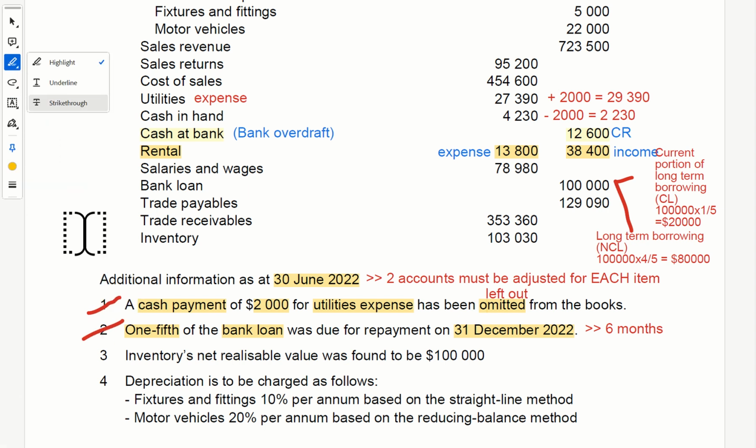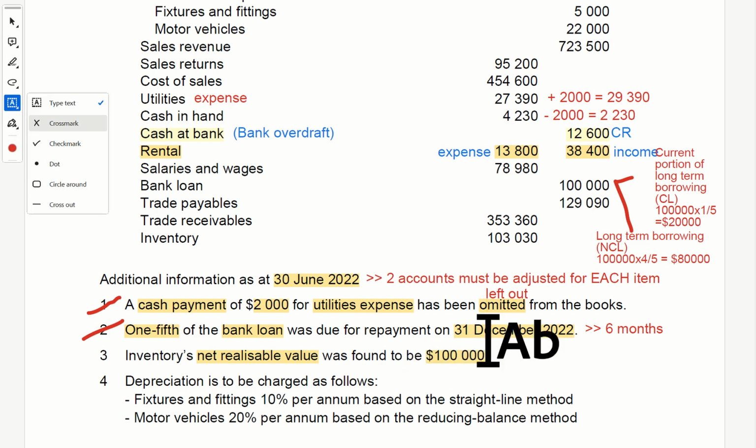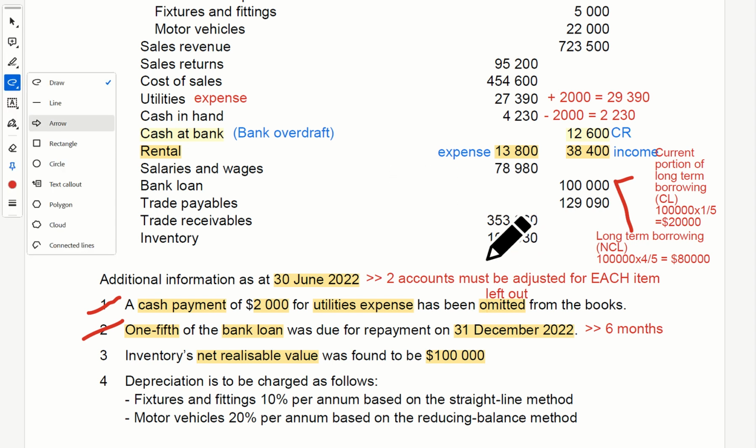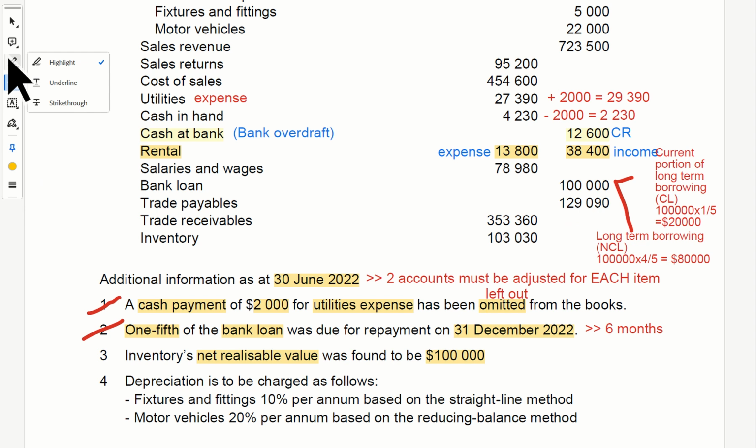And I'm now going to do the third one. The third one tells me inventory's net realizable value is 100,000. Now there is a problem here, because if I look at my inventory over here, it is $103,030.